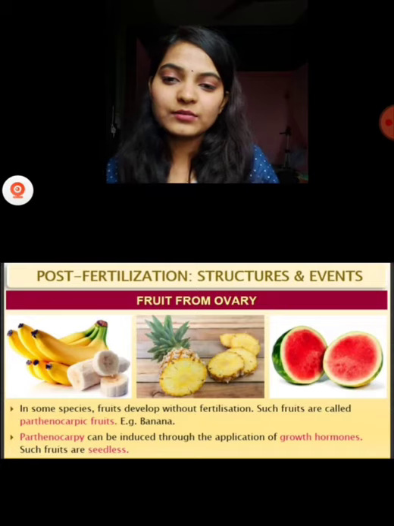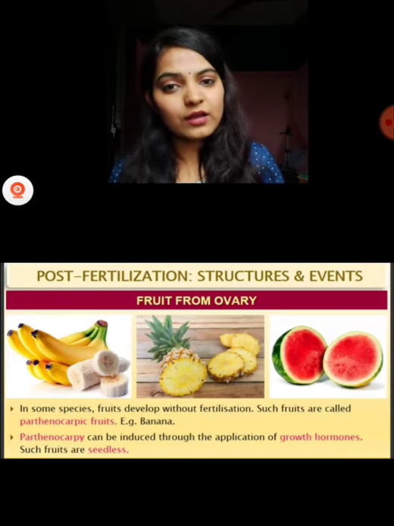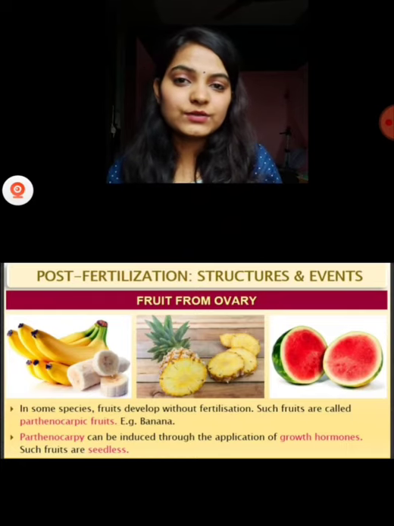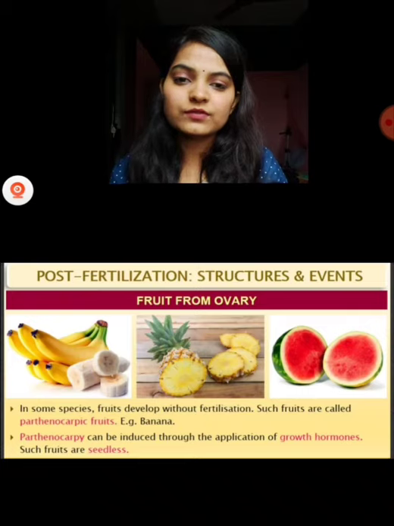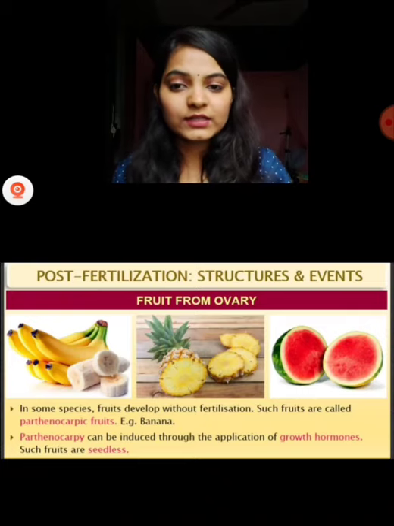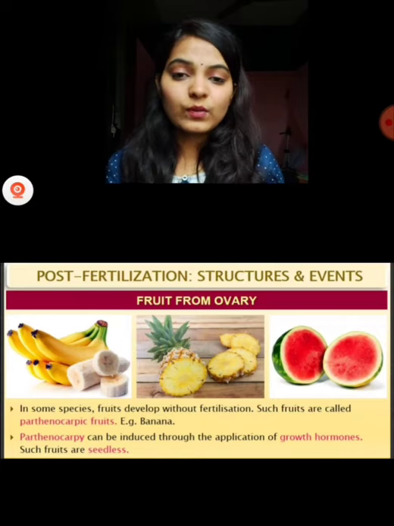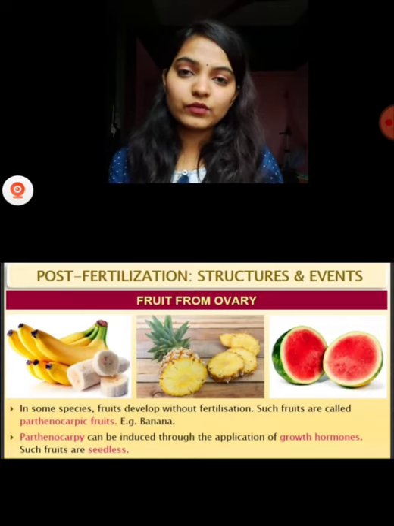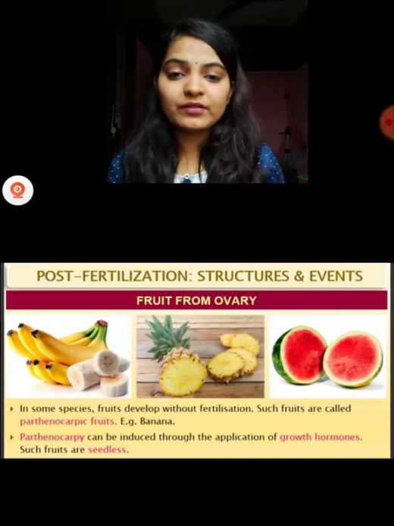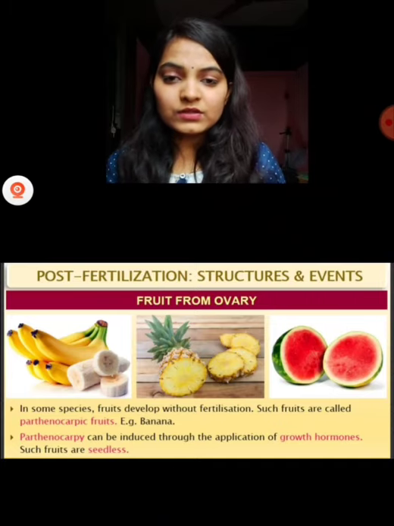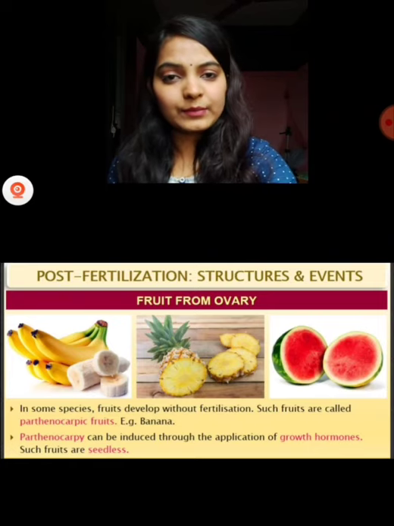Sometimes parthenocarpy occurs by natural process, and it can also be induced by an artificial process to produce seedless fruit. An example is banana. Why does it happen? The fruits develop without fertilization. Fruits that develop without fertilization we call parthenocarpy.